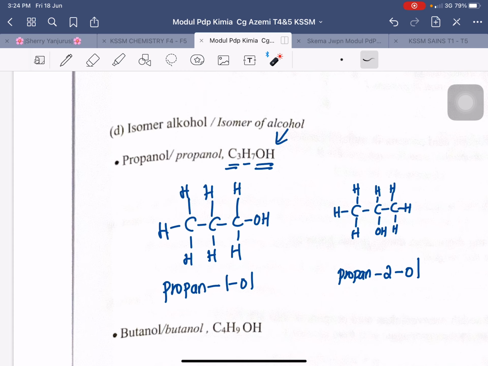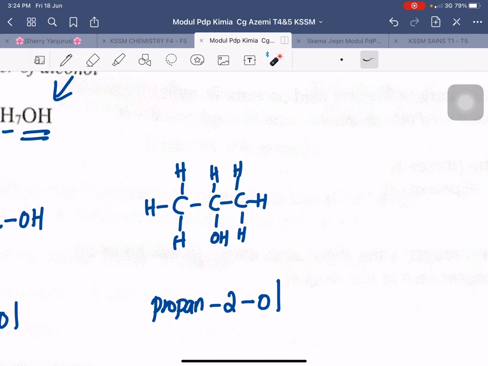Okay, there is one tip, one important note for you to understand. When we mark students' exam paper, the bond must be connected to O, not the H, and not in between.